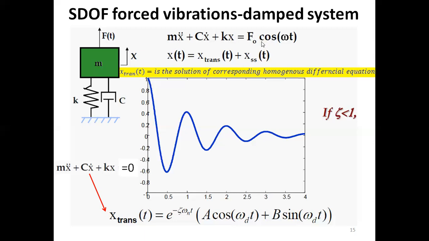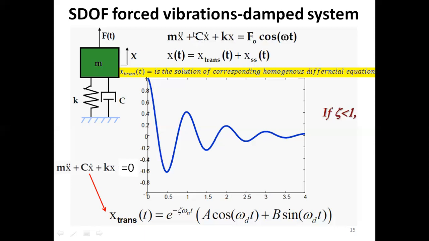So we have a non-homogeneous differential equation, and in mathematics you have already studied that the general solution of a non-homogeneous differential equation has two parts, the homogeneous part and the particular solution. But here in vibration we discussed that the homogeneous part would be the transient solution and the particular solution would be the steady state solution.